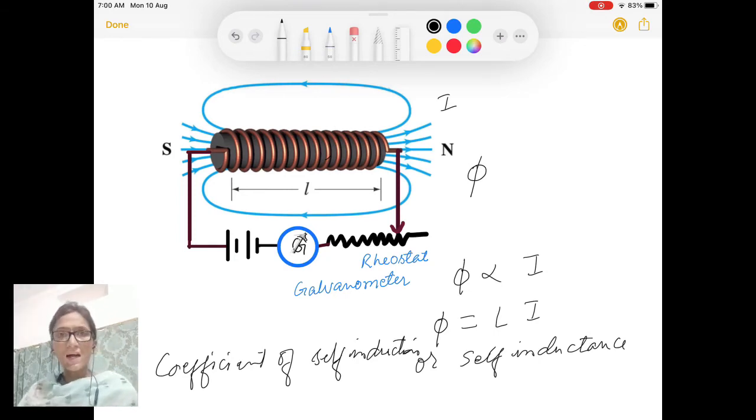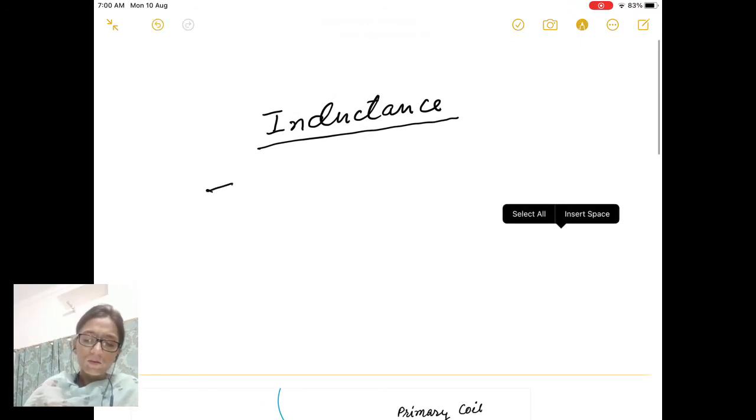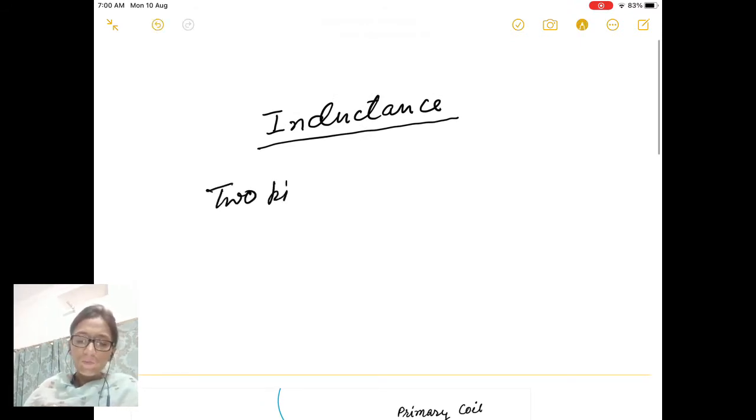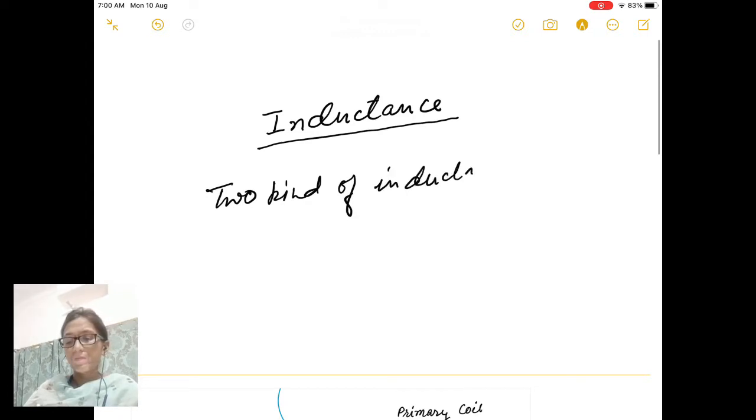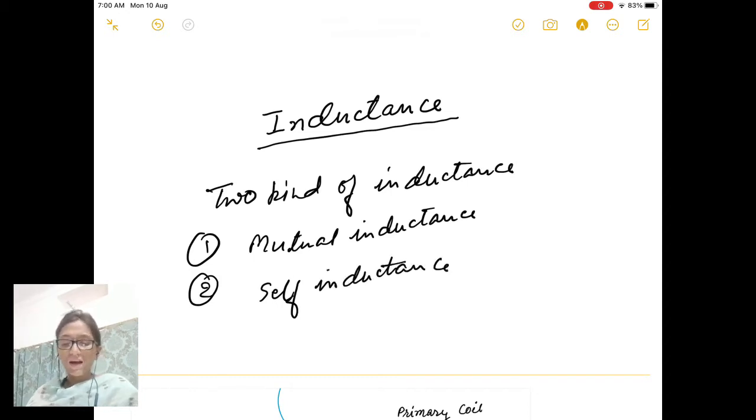So there are two kinds of inductance. One is your mutual inductance and another is your self-inductance. So let us find them one by one.